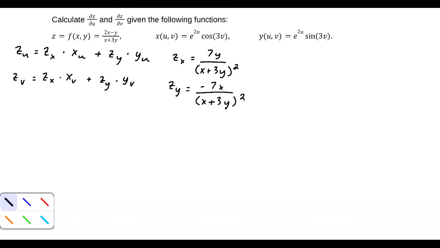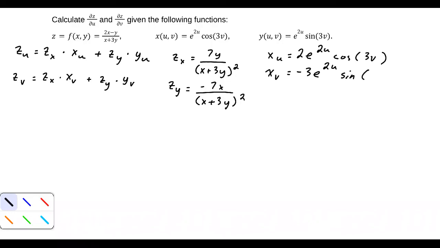Now for the partials of x and y with respect to u and v, we'll find x sub u is equal to 2e to the 2u multiplied by cosine of 3v. x_v is equal to negative 3e to the 2u sine of 3v.